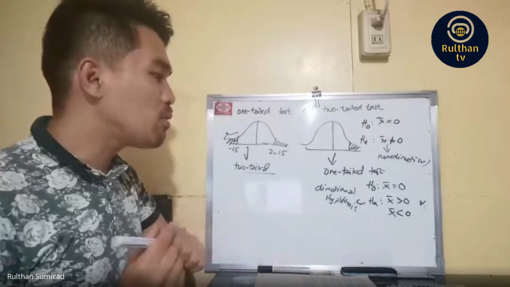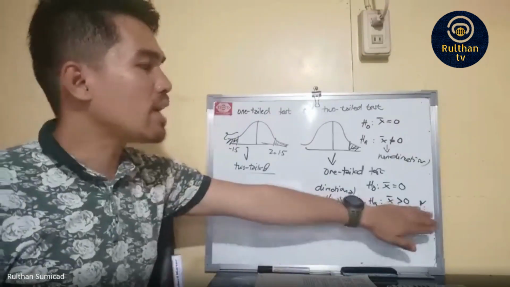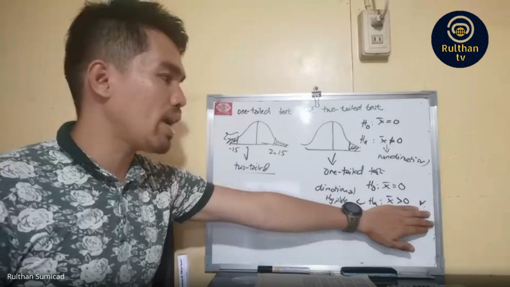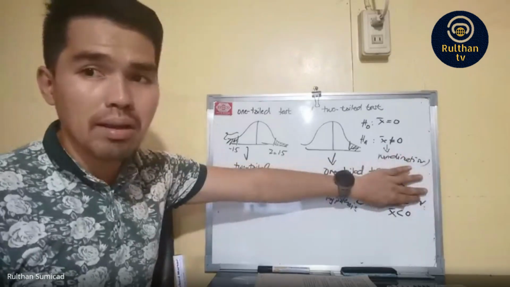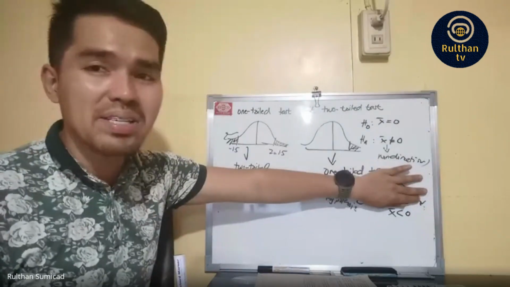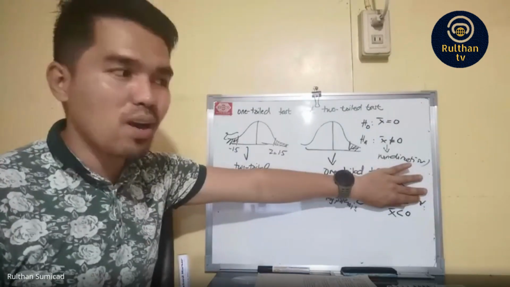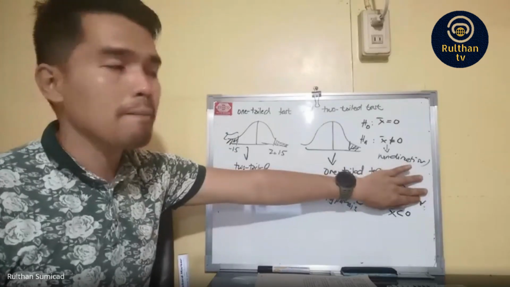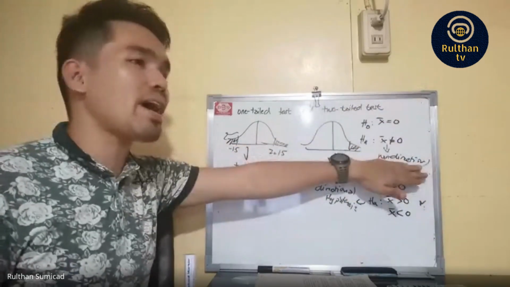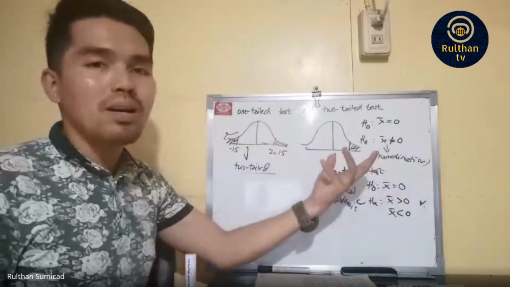Now, the risk of doing this one is that you intend to have the alternative in this way, and in the long run, the rejection is found to be the other one. So you cannot move forward. You cannot make any certain decision at all, because you failed to predict the right direction. But the good thing about the non-directional is that it gives you opportunity.